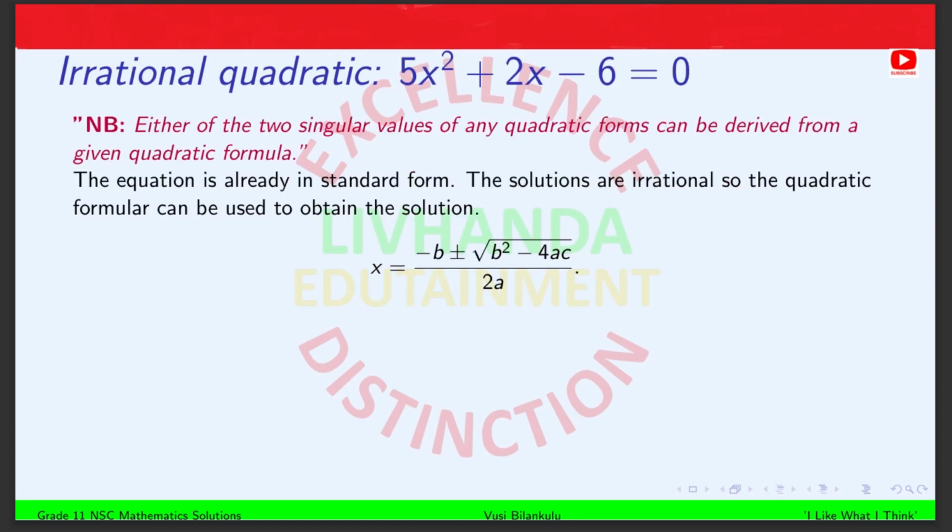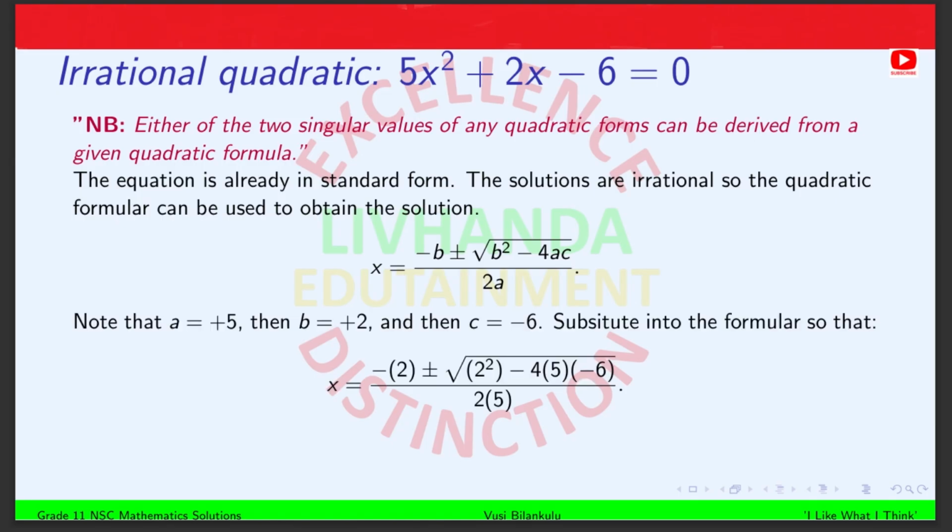Suppose you are given a quadratic equation of the form 5x squared plus 2x minus 6. To solve for x, note that the equation is already in standard form and its solutions are irrational. Therefore, the quadratic formula is used to obtain solutions to this equation. To use the formula, note the value of a equals positive 5, b equals positive 2, and c equals negative 6.